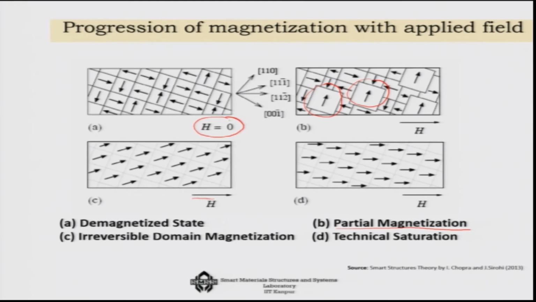They need not align directly with this, but they will be aligned towards this magnetic field, and that is irreversible domain magnetization. If I increase further, all of them will go and perfectly align with H, and that is the technical saturation. From this direction to this, there is not much of a change, but from state A to C, you get the maximum part of the magnetostriction.